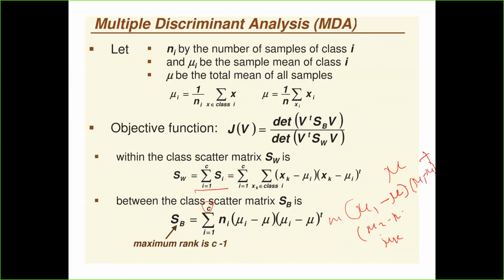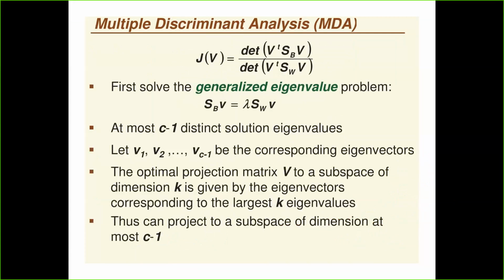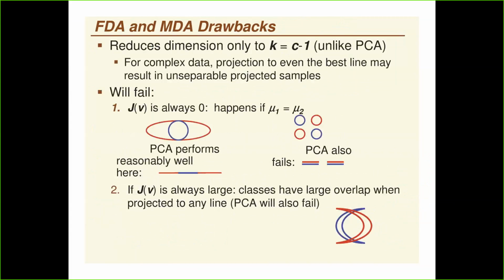Similarly, mu2 minus mu times mu2 minus mu transpose, multiplied with the number of instances belonging to class 2, and so forth. Take the sum over all of that. That is the between scatter: Ni times mu i minus mu times mu i minus mu transpose, where Ni is the number of instances belonging to class i, mu i is the mean of class i, and mu is the overall mean. So the problem is the same. This is what you get when you solve the generalized eigenvalue problem, SB v equals lambda times SW v.